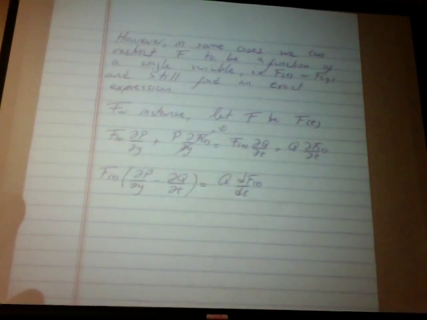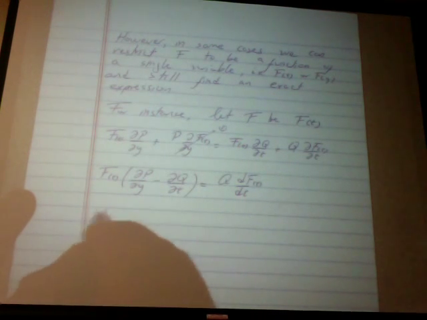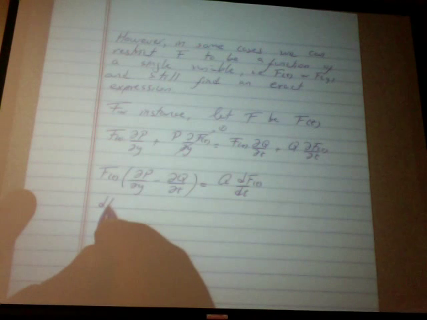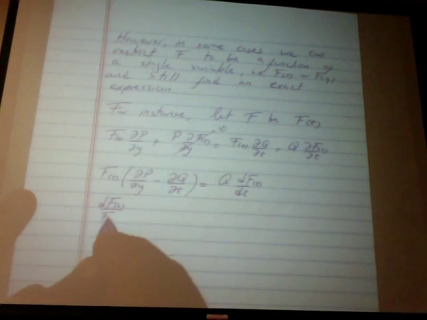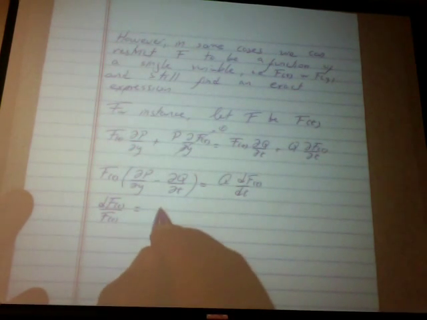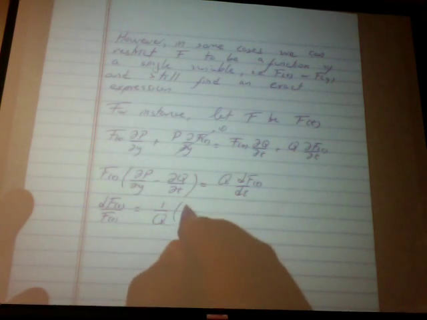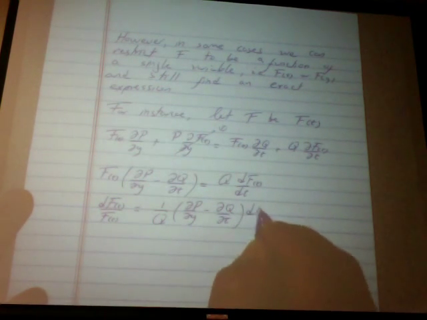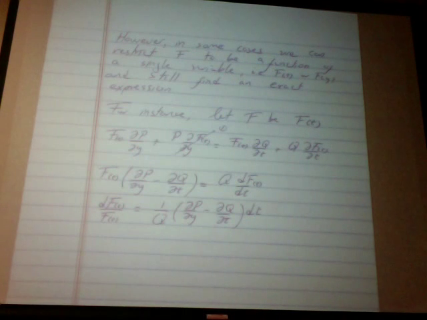So I can now separate this, and this will become df of t over f of t is equal to 1 over Q times dP/dy minus dQ/dt, times dt. Right? Just rewrote the whole thing. And now if this one is equal to this one, then the integral of these is equal to the integral of these.